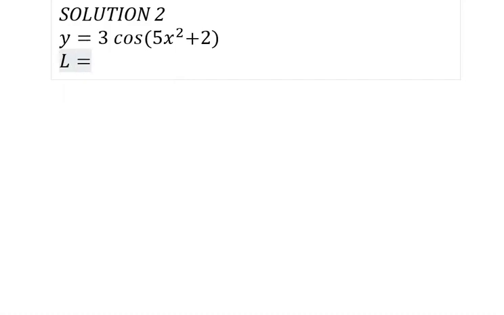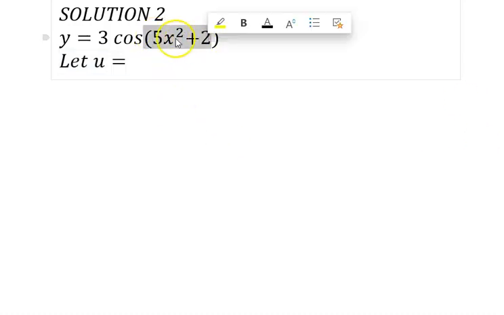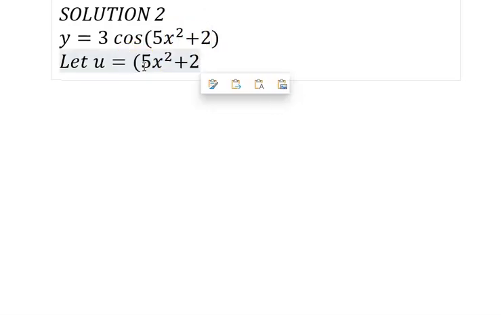Okay, let's say let u equal what we have here, 5x squared plus 2. Let u equal 5x squared plus 2.